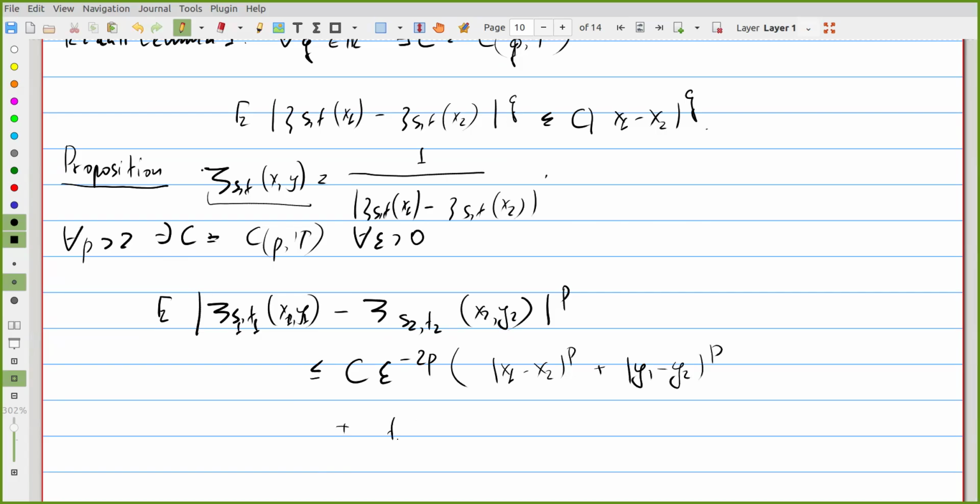With this correction, that the temporal part should also be multiplied by the linear growth condition.